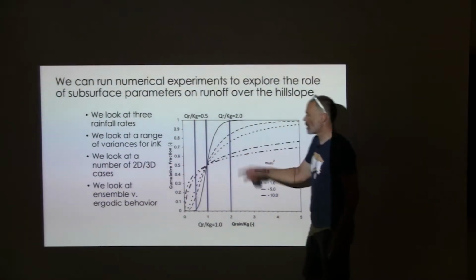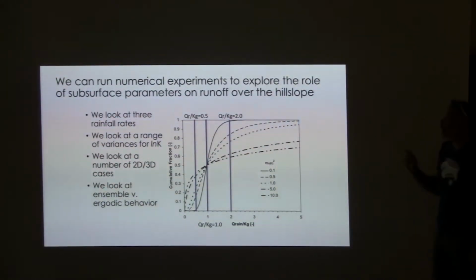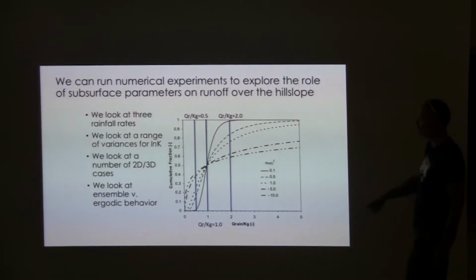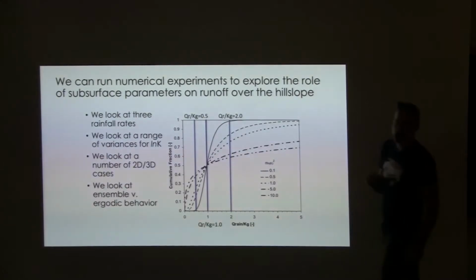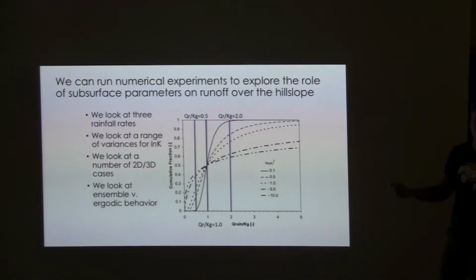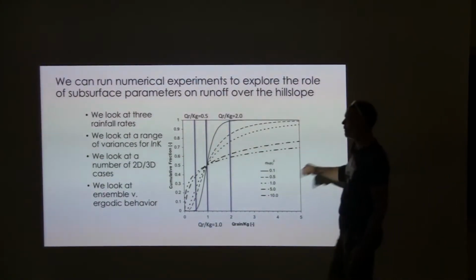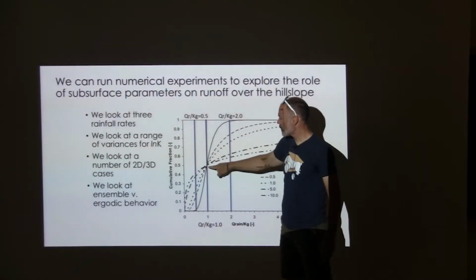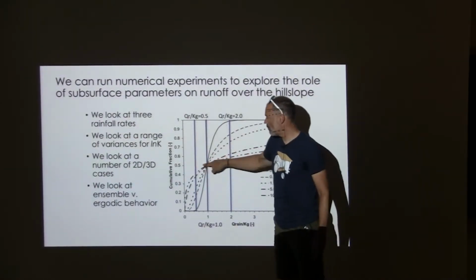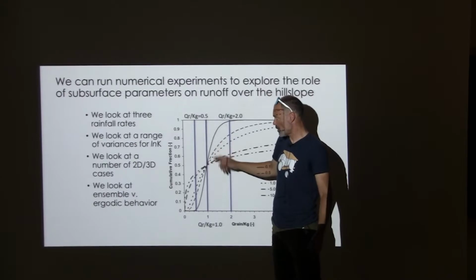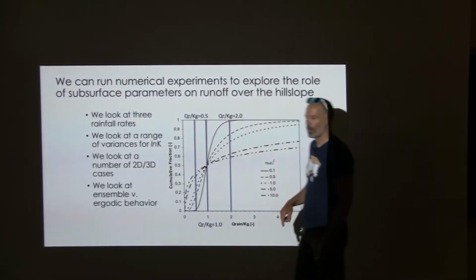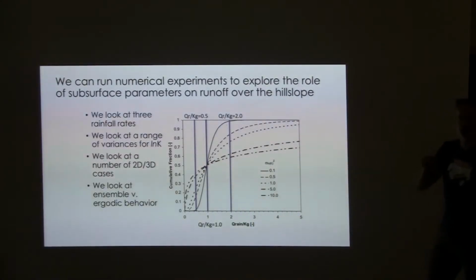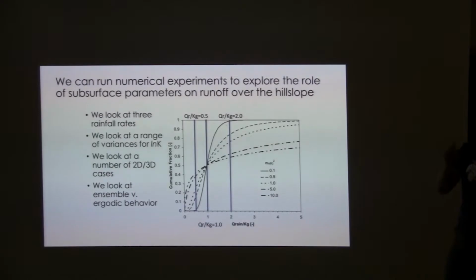Here's just a bunch of log normal distributions. And I've normalized this so that the x-axis is our Q rain over our Kg. These are all CDFs, and we've fixed that because of the way the distributions work, all of our distributions are going to be 50th percentile at QR, our rainfall rate, over Kg, the geometric mean of hydraulic conductivity, value of 1.